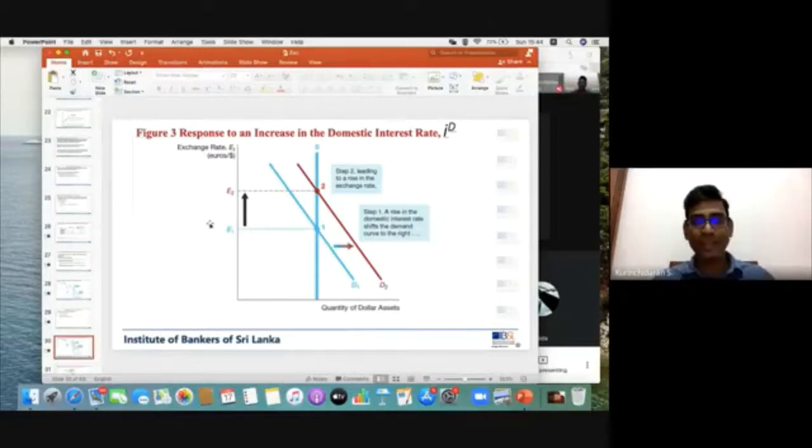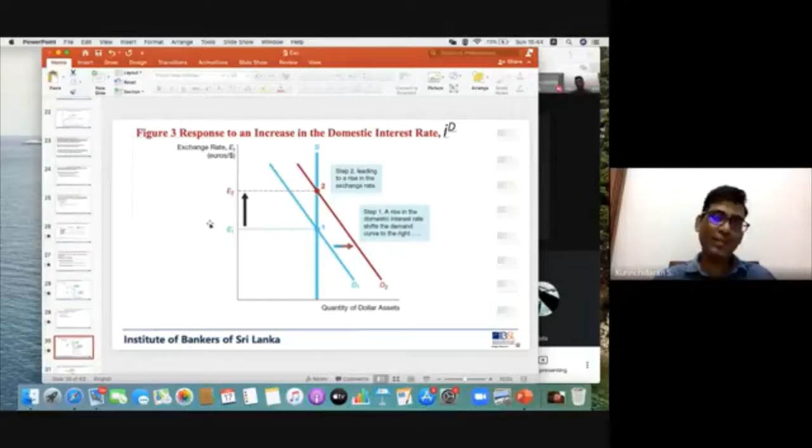Now you want to have more dollars, because you have a deposit in euro, but when the US interest rate increases, you will think, if I can have this deposit in USD, I will get more interest.